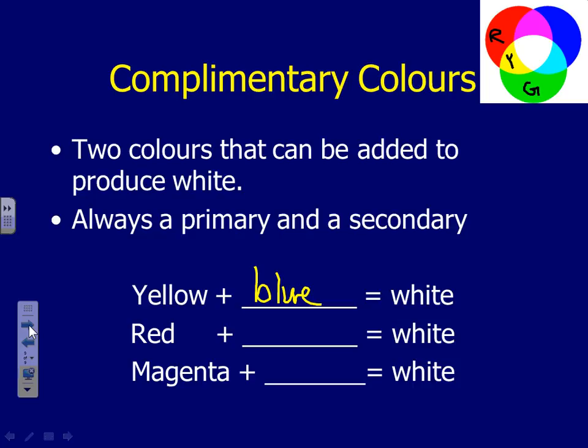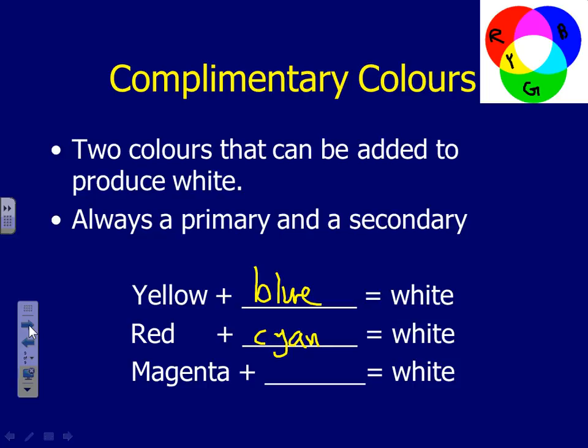All right? Okay? Notice that the yellow and the blue are on opposite sides from each other. So, red. Red only contains red. What other single color would I have to add to that to get white? What do you think? Cyan. It's on the other side. So I'd need to add cyan to that, because in the end, I need red, green, and blue.